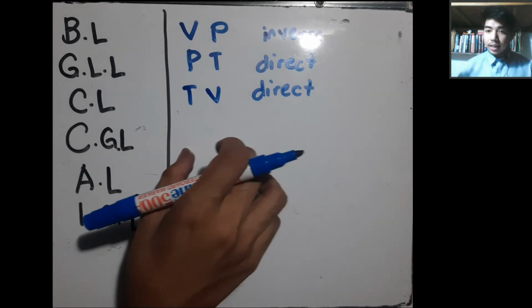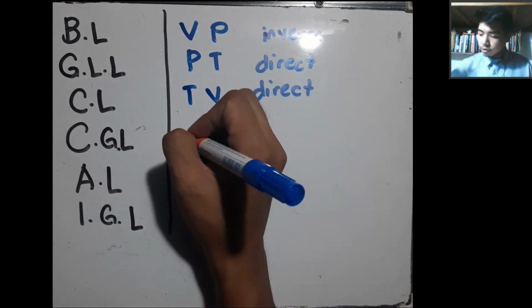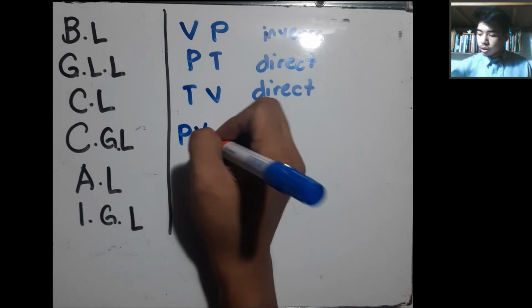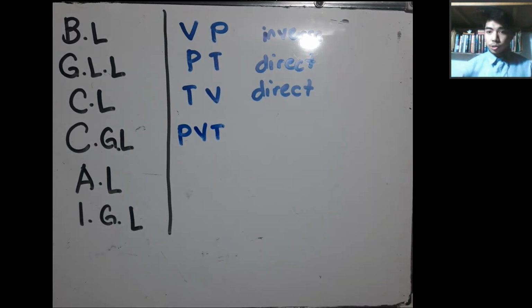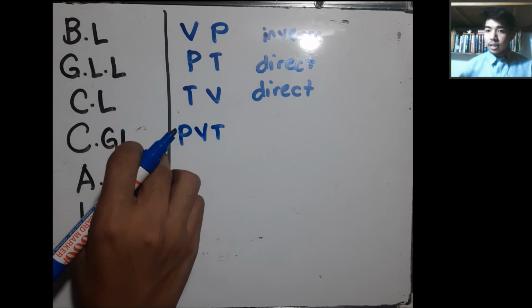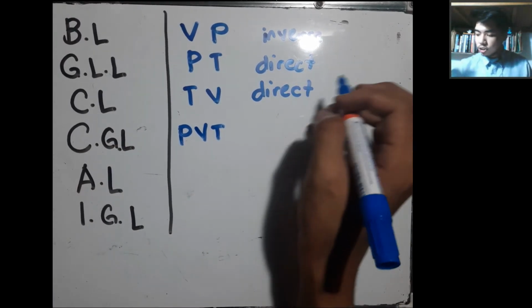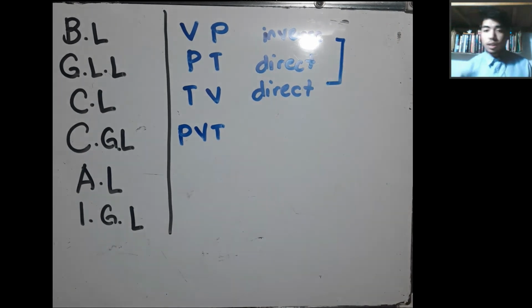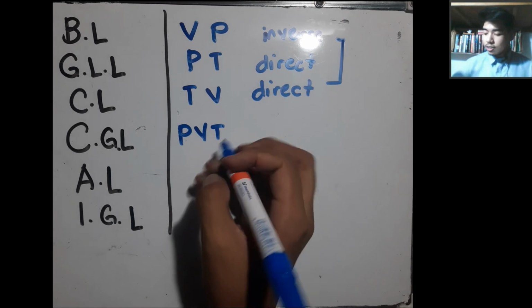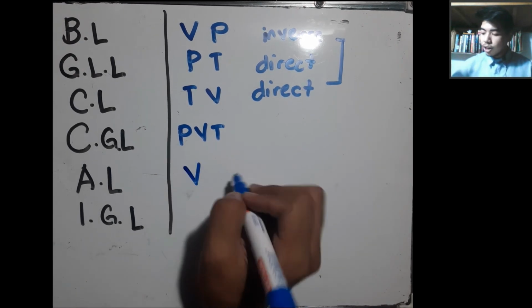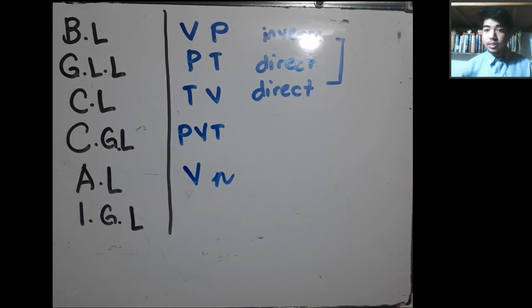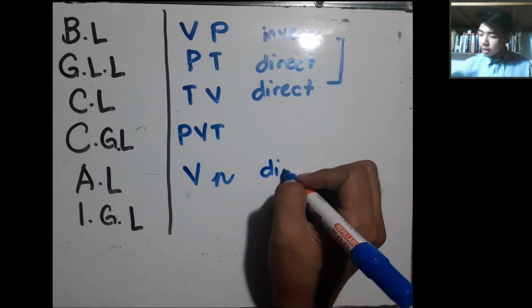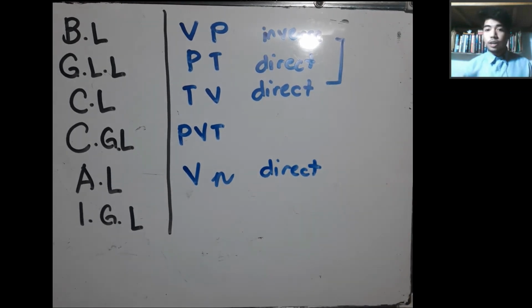Then the combined gas law has pressure, volume, and temperature, in which the combined gas law follows the relationships present among the first three laws. Then in the case of Avogadro's law, it is the relationship between volume and the number of particles, in which they are directly proportional with each other.